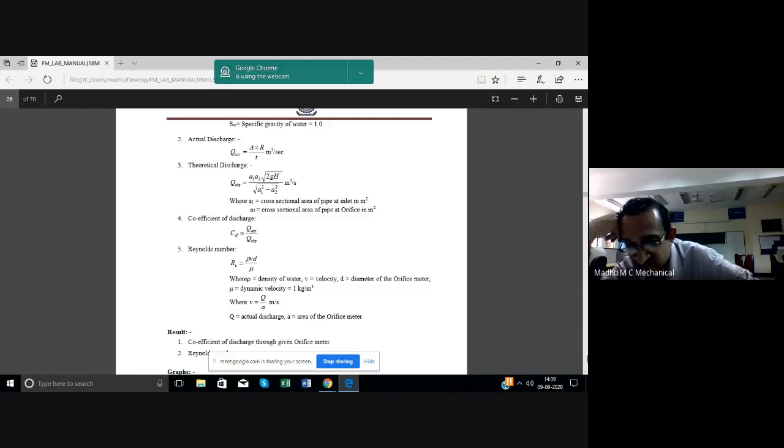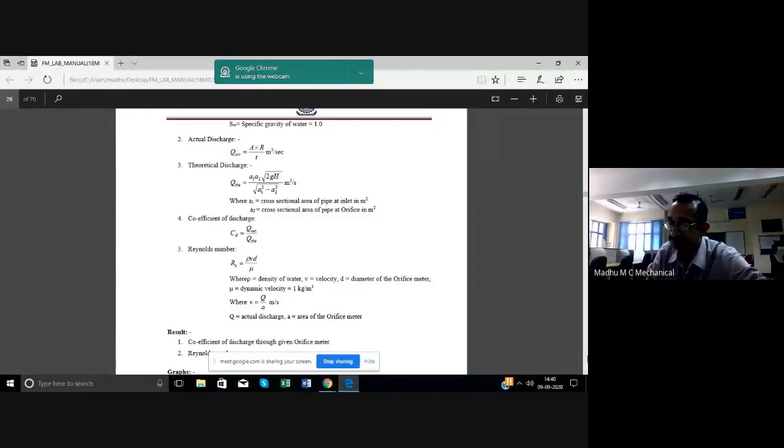All students, listen. I'm doing the loss of head calculation. First one: capital H is equal to small h. What is the value of small h I gave? Minus 1.9 plus 3.4, isn't it? That is 5.3, into rho g, SG. What is SG?